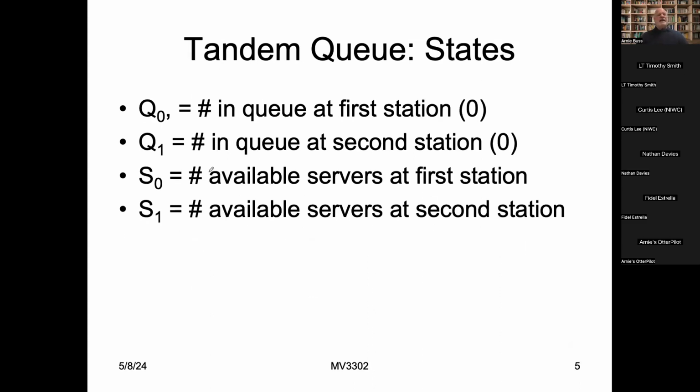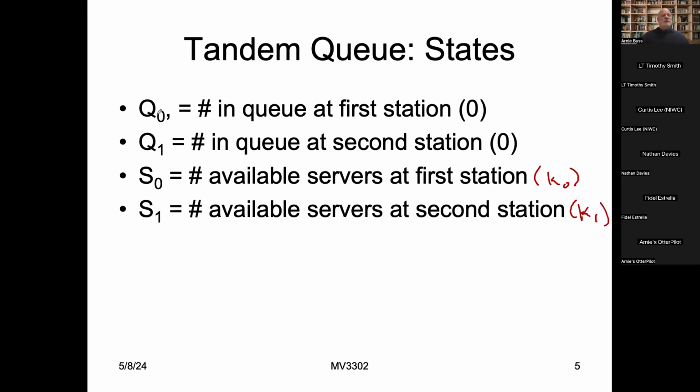And then in terms of states, we need different states for the number in the queue at the first station versus the second station. And furthermore, we need a different set of states. I noticed that I have incompletely defined my states here.